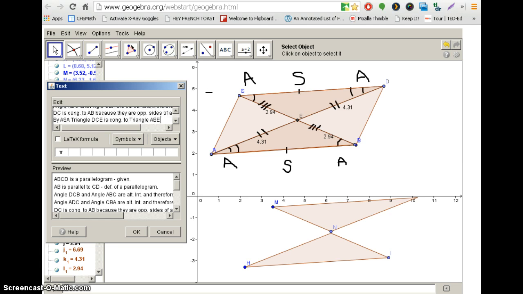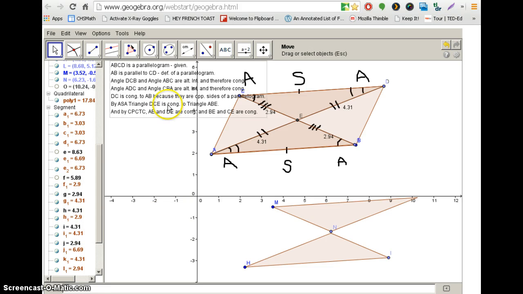Okay, so that's by angle side angle, and by CPCTC, comma, AE, which is the corresponding part to DE, and they are congruent, and by the same logic, BE and CE are congruent.